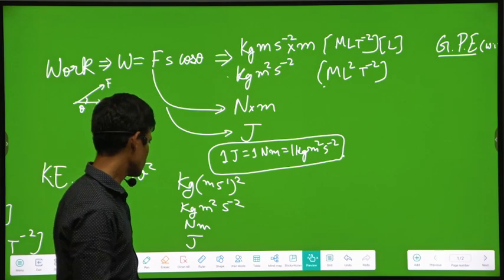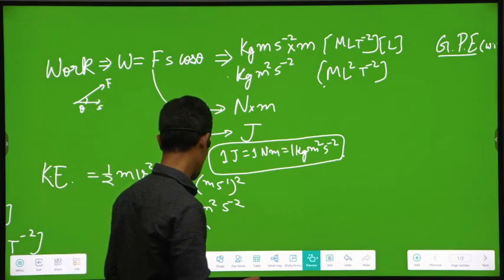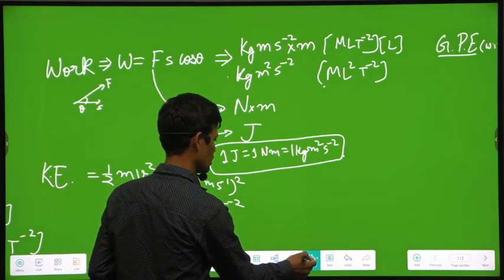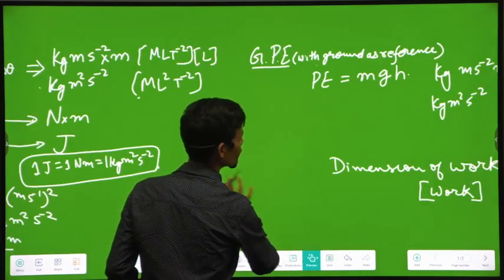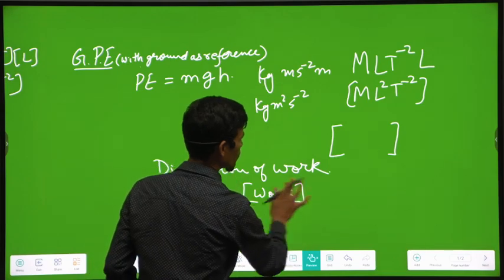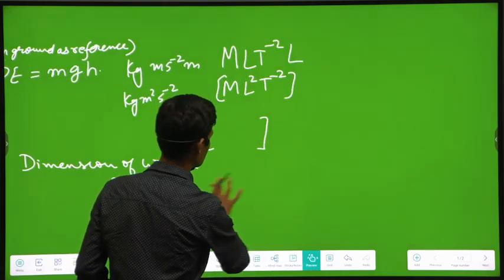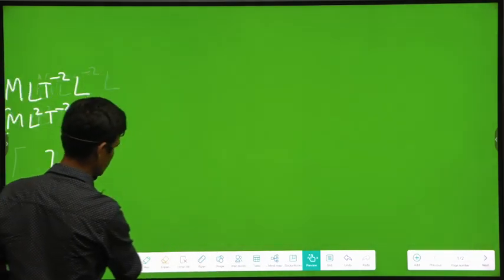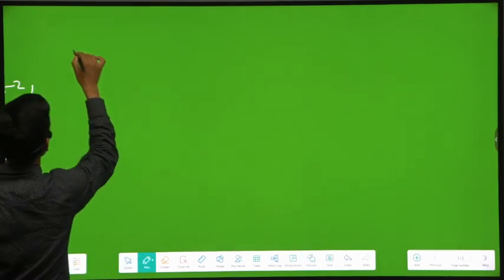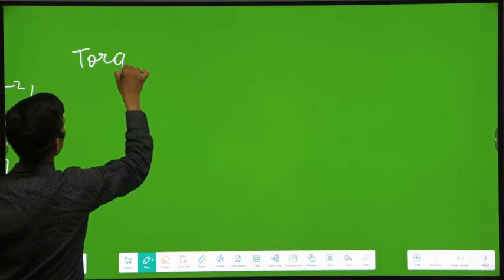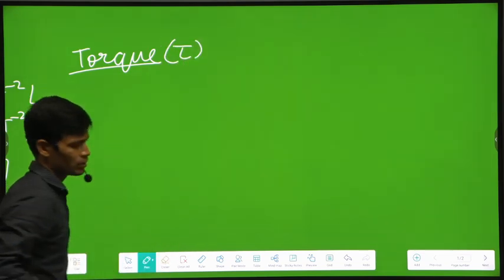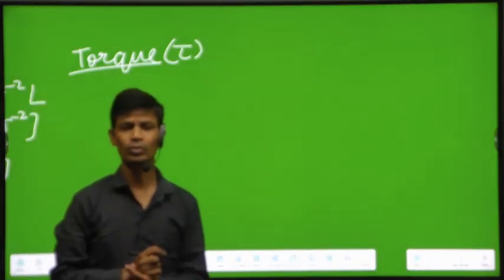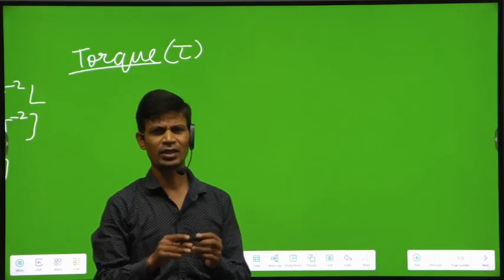But here there is another physical quantity which I'm going to introduce, torque. Its symbol is tau, a Greek alphabet again. So torque is simply a turning effect.